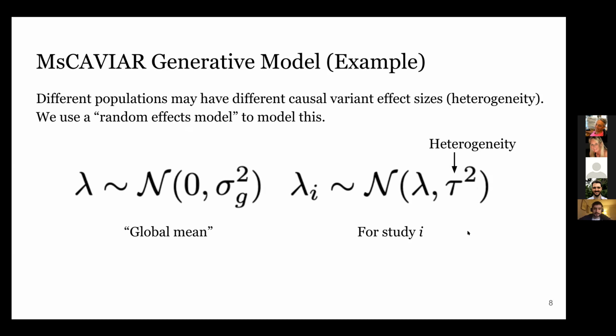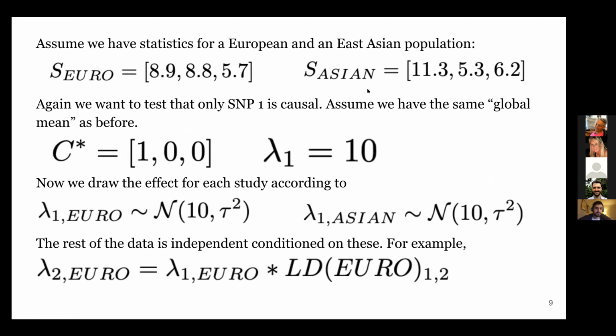And to see what that looks like in our little toy example, now we'd have association statistics for 2 different studies. So we have the same 3 SNPs, and we have these association statistics. These can be different just because they have different LD patterns, but these can also be different because the causal SNPs have different underlying causal effect sizes.